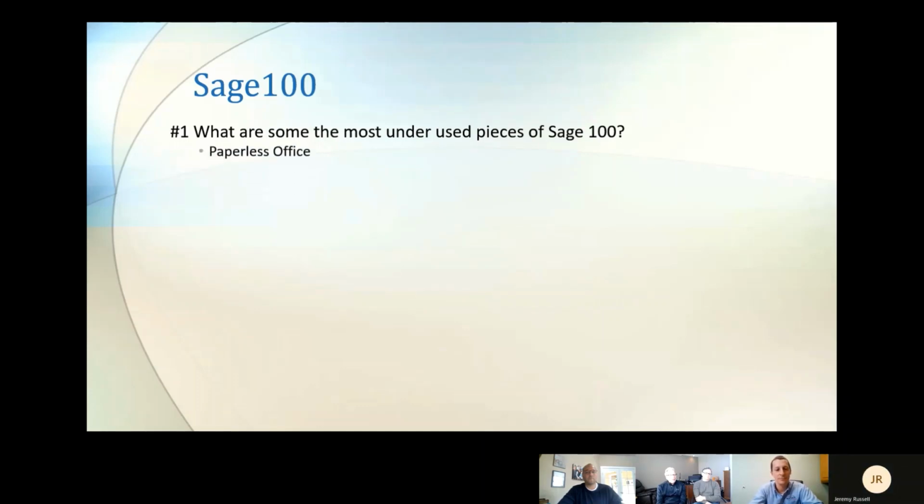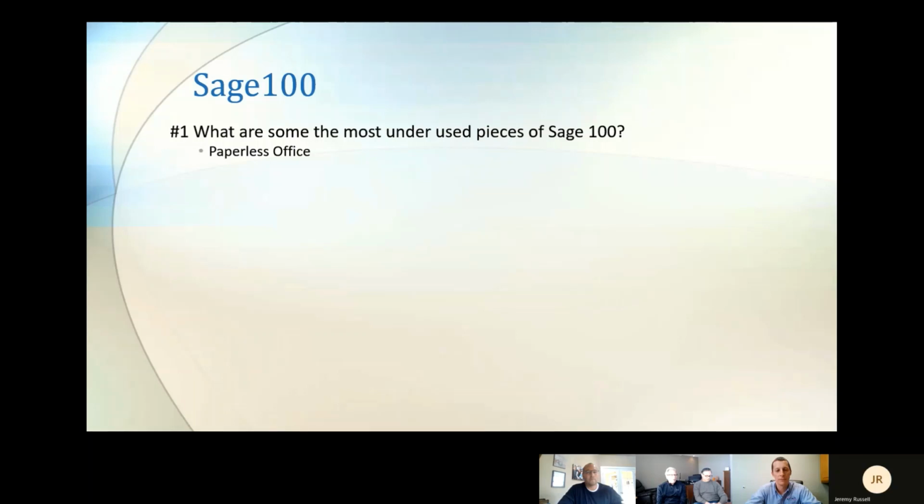Well, I think I'm a lot like my clients. I get up and do what I do every day, and sometimes I don't really look for different ways of doing things. I think that's the case with Sage software a lot of times. You're doing what you do every day, but don't realize there might be other pieces in the software you could use to make yourself more efficient and effective.